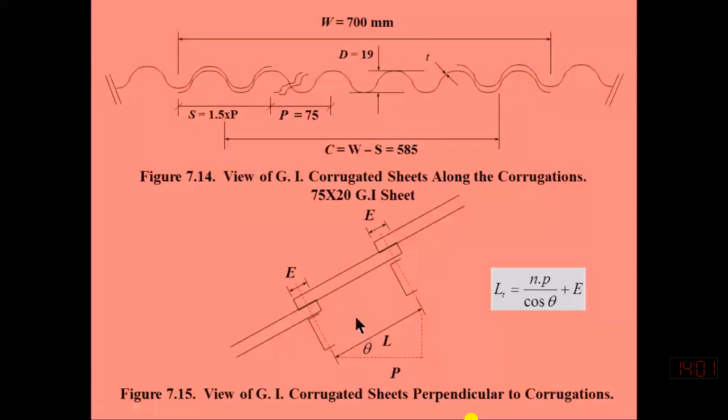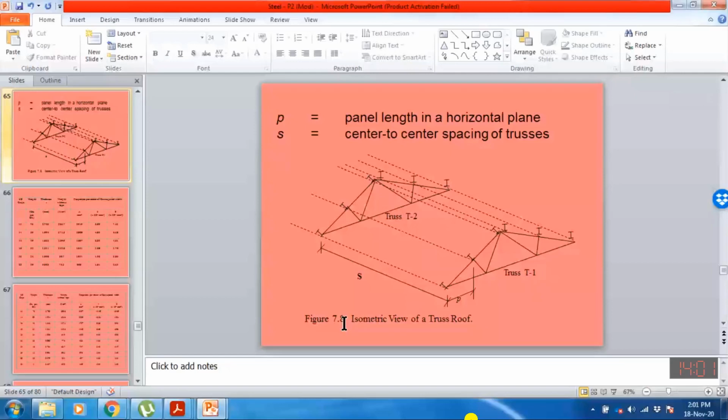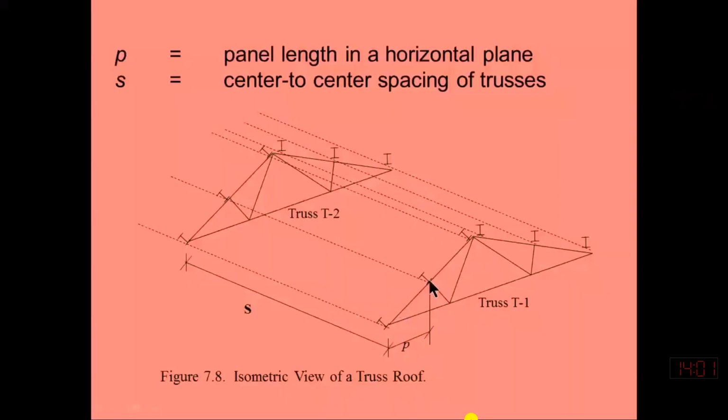Purlins are placed on the top chord or at the panel point. So one roof sheet is intended to cover the length between these two purlins, which will be inclined. This length of the roof sheeting will be parallel to the top chord, and we can determine this length if we know the panel length.